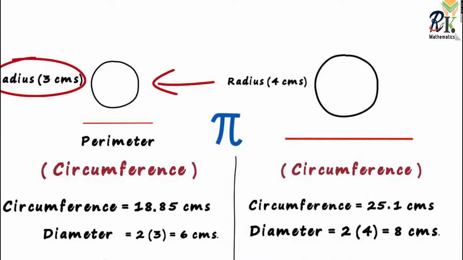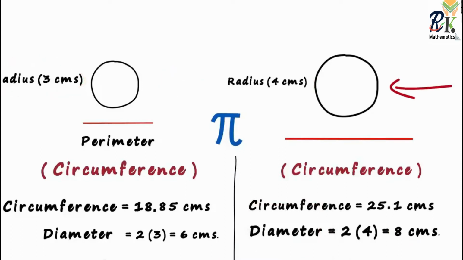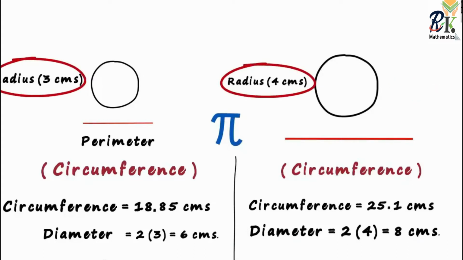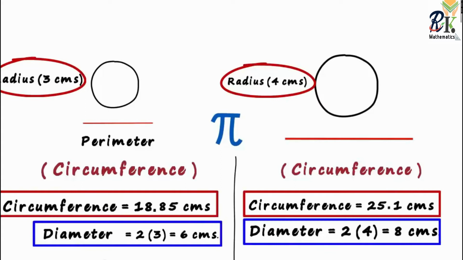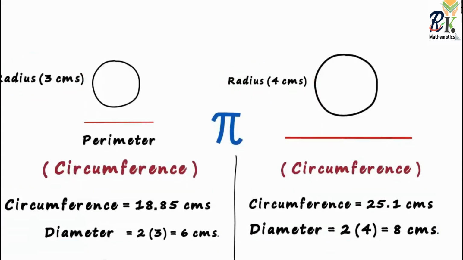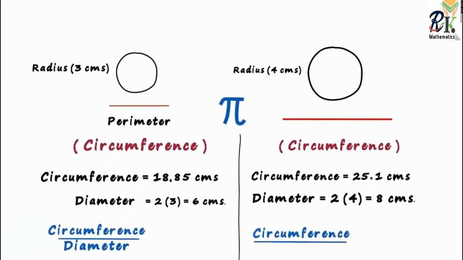We looked at two different cases here. One circle with 3 as radius and another with 4 as its radius. In both cases we calculate the circumference and the diameter. Okay, let's zoom out and find the ratio of circumference by diameter in each case. In the first case, we approximately get 3.14.